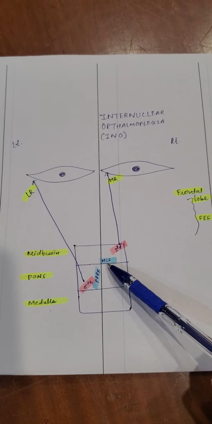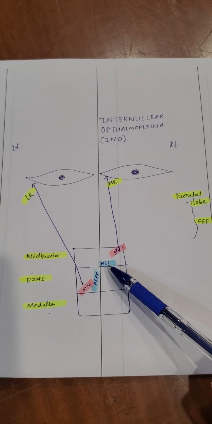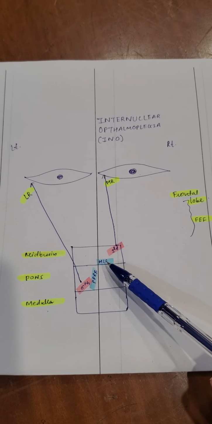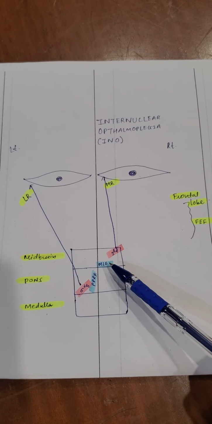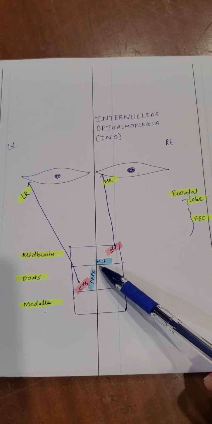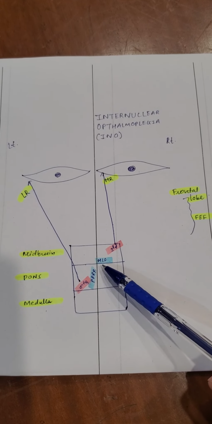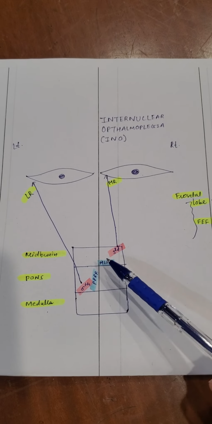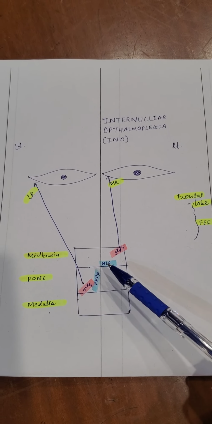Basically, MLF is a longitudinal structure that is extending beyond the midbrain, but for our discussion today I had kept it here only. Okay. So, first of all, we will learn the basic pathway for the horizontal gaze.